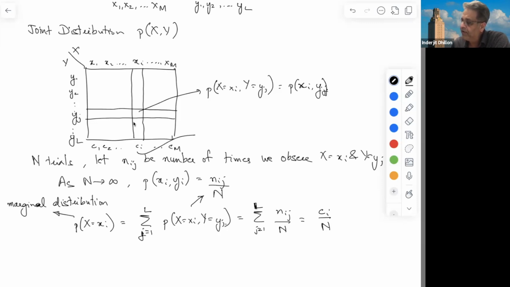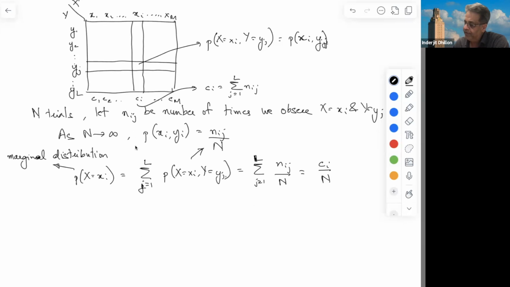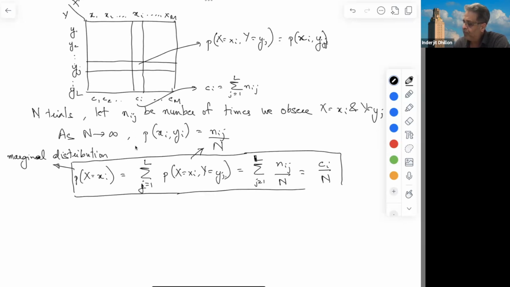Clearly ci is equal to the sum along this entire column, the summation of nij where j goes from 1 through L. That's what is coming out over here. So this gives you one important rule, which is the sum rule.